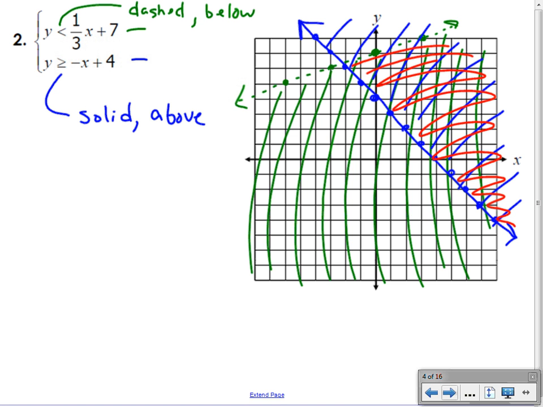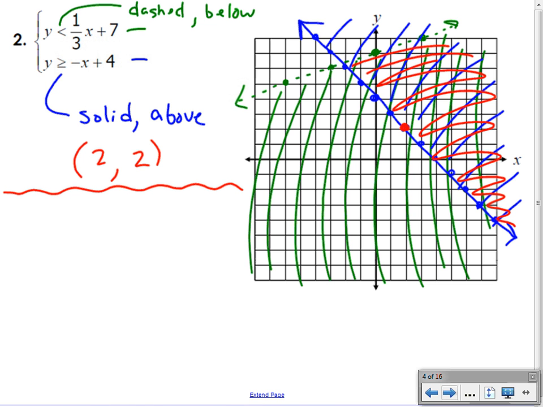But now that we have a solid line, what about those points? Because last time we said a point on the line would satisfy the inequality. So let's check here. Let's see if this point, on the solid line, will be a solution to the system. That is the ordered pair (2, 2), and we're going to substitute that into both of our inequalities, and we're going to see what happens here.